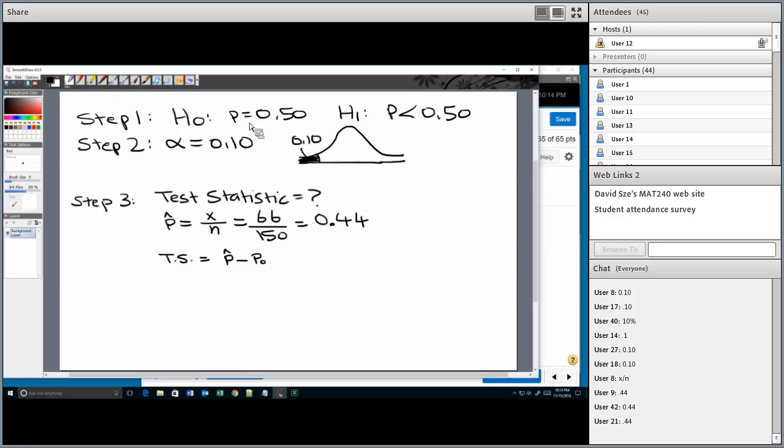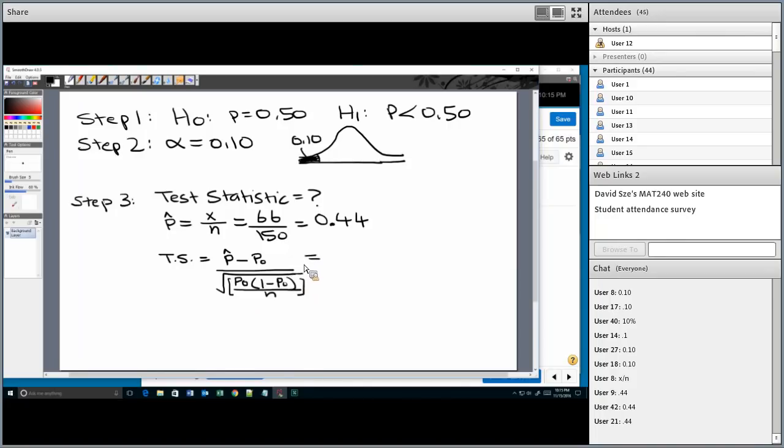P0 means that this p is based on the null hypothesis, which is 0.50. So p hat minus p naught, divided by the square root of p naught times 1 minus p naught, divided by n. This square root is for the whole thing.